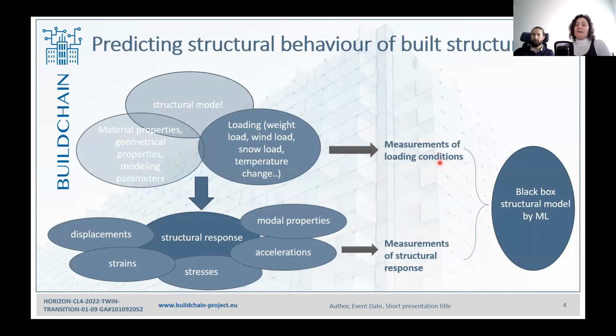You have to know that with such a method, I can only know how the structure behaves under loading that the measurements show. For example, I would need at least a year of observation to track how the weather and the temperature are changing, to be able to train a model that can learn how the structure will behave.